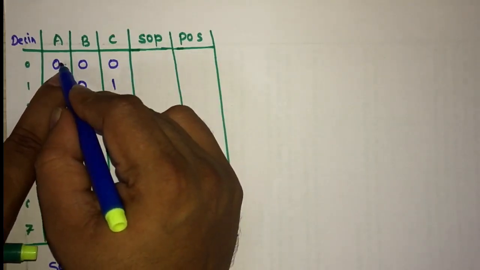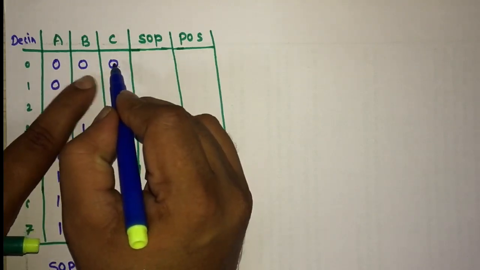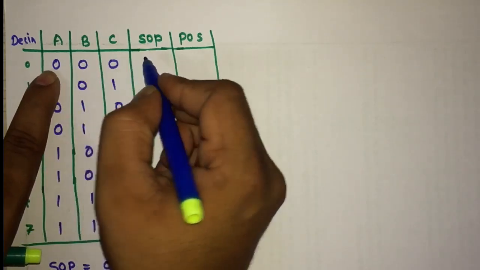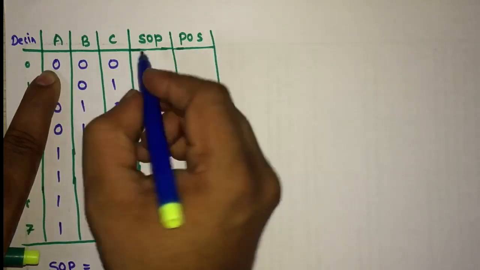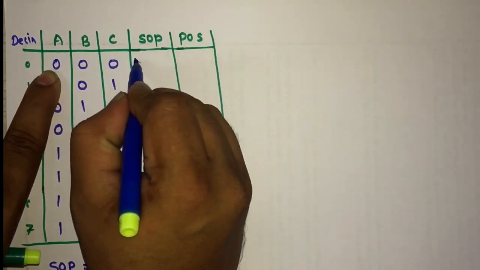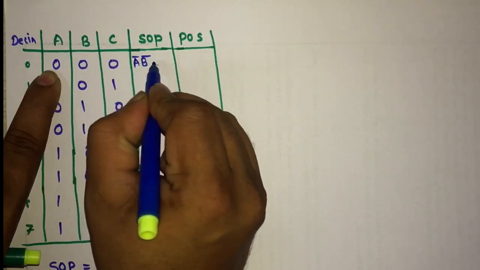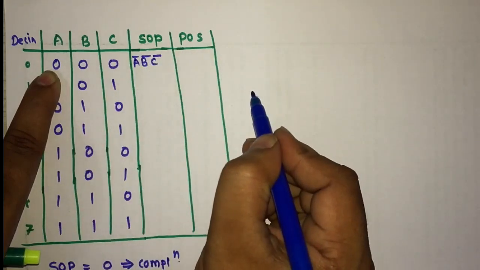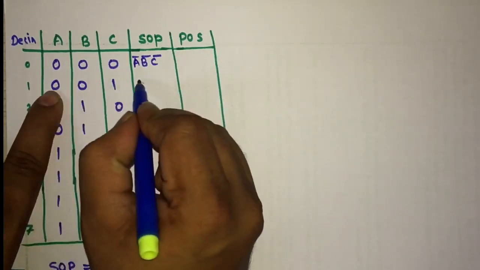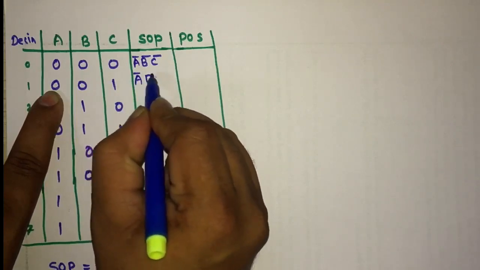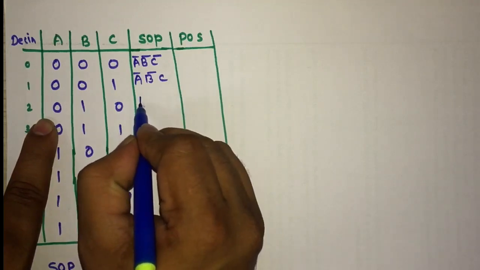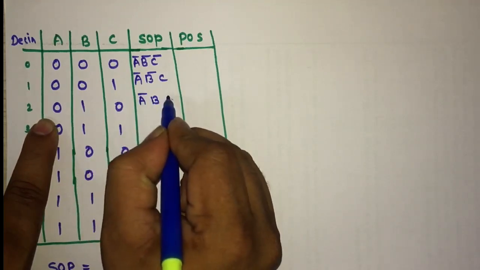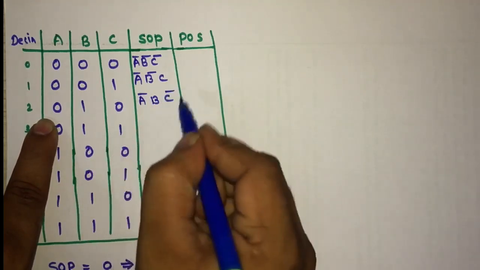So here the value of A is 0, B is 0 and C is 0. So the product term we are getting, and 0 will indicate the complement for SOP. So here we will write the term as A bar, B bar, C bar. For the second term it is A bar, B bar, and C value is 1, so it is C. Here A bar, B, C bar.